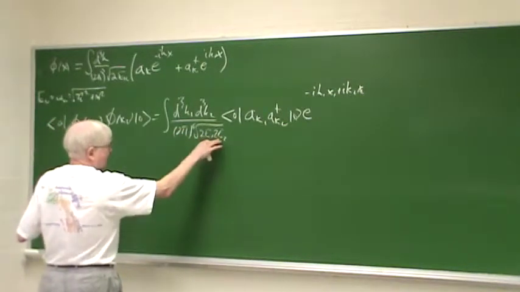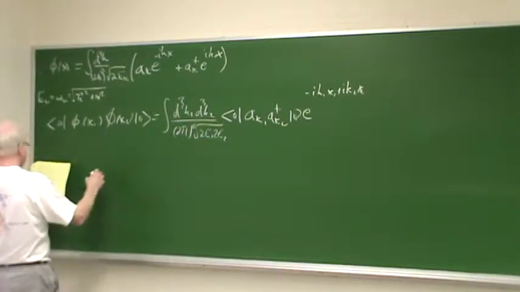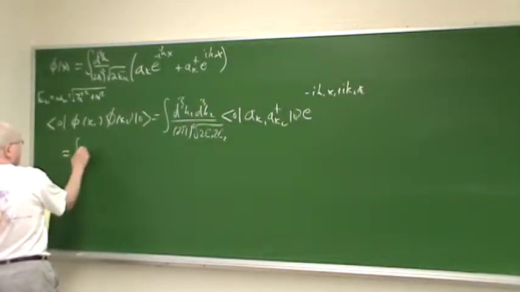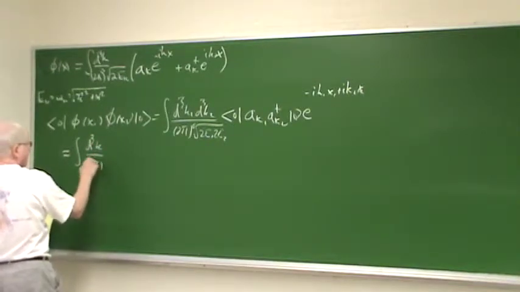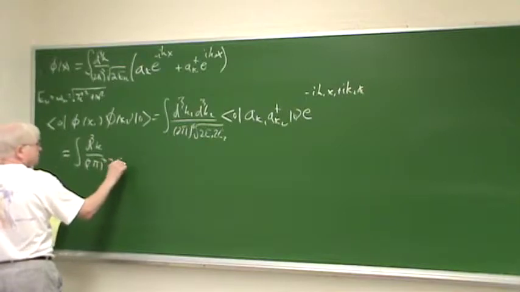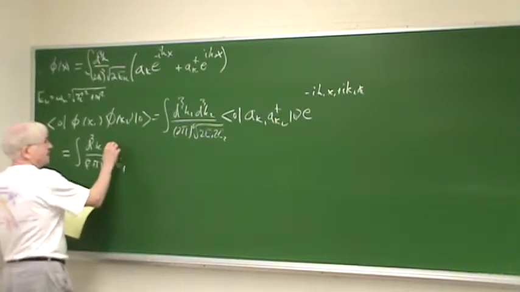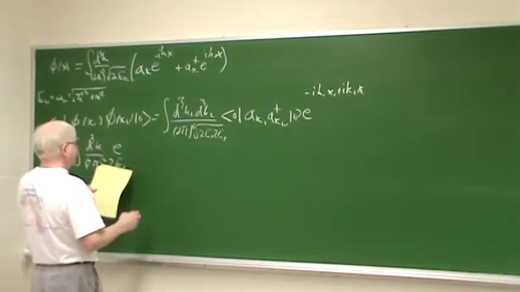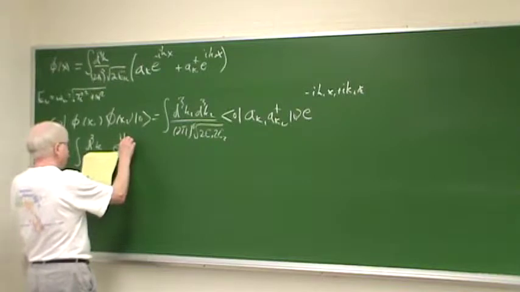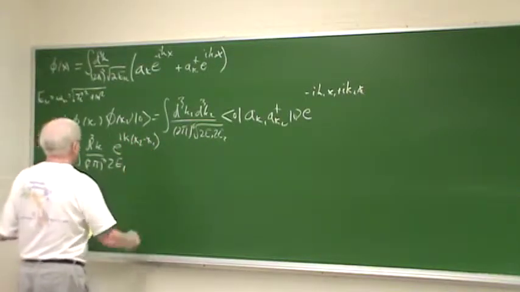It sets k1 equal to k2, so the E's are the same. What we've got then is d cubed k over 2 pi cubed 2E, and e to the i k times x2 minus x1.